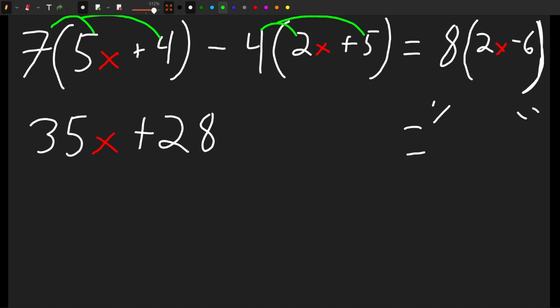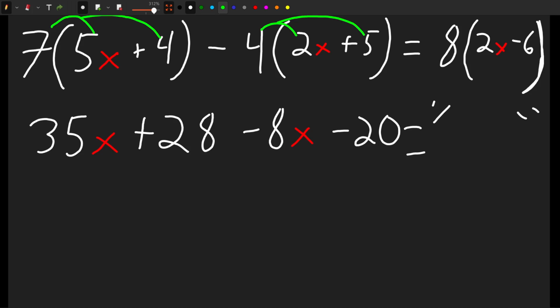Now here I'm going to distribute negative 4. So I'm going to get negative 4 times 2 is negative 8x. And then negative 4 times 5 is negative 20. Okay. I still have more simplifying I can do on the left-hand side. I can combine like terms.